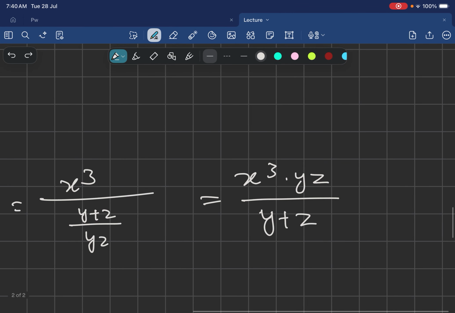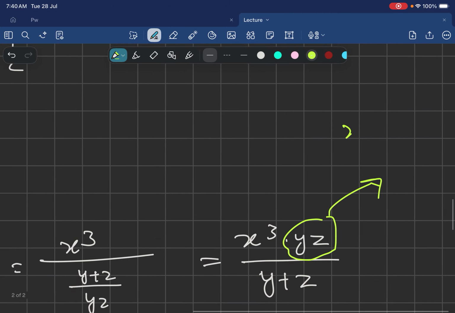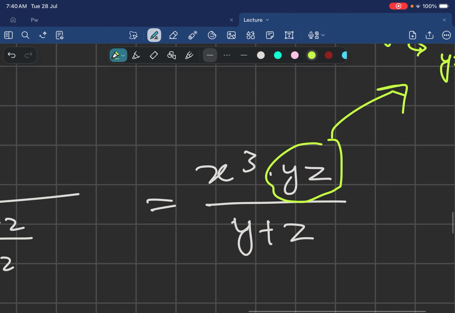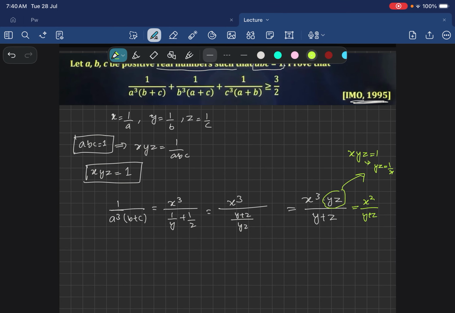Okay, now I have got this new thing in the denominator, but we know that xyz is equal to 1. From here we can say yz would be 1 over x. So 1 over x would cancel out with x cube, and you are left with x square over y plus z. Okay, this seems pretty clear. For the first term we got this.